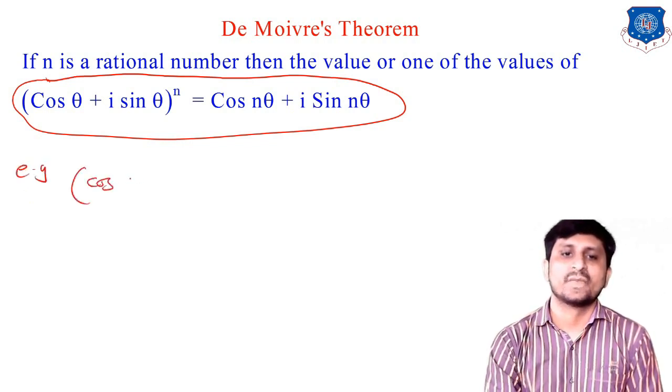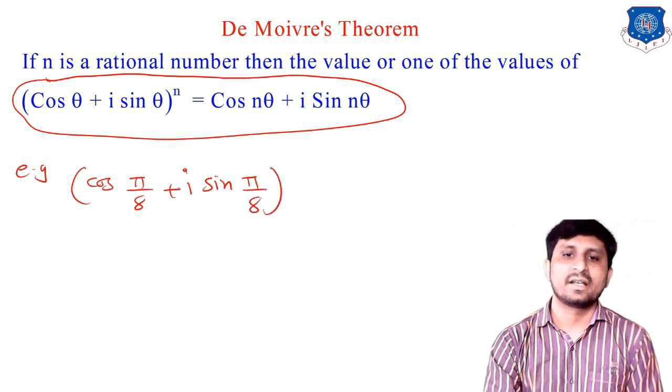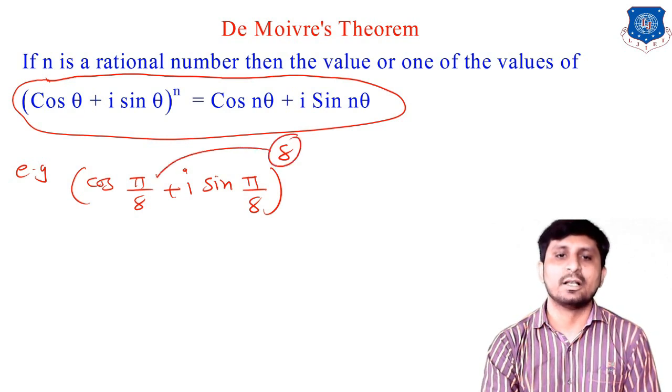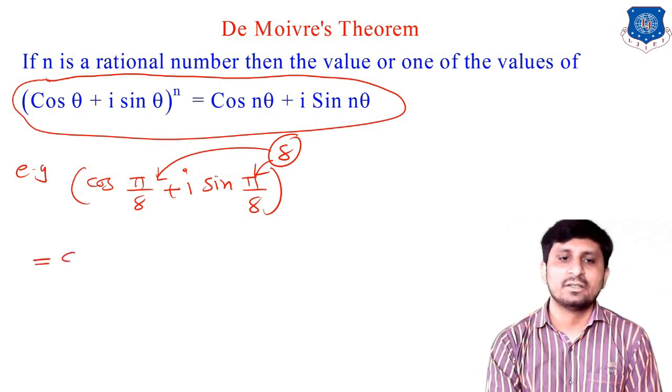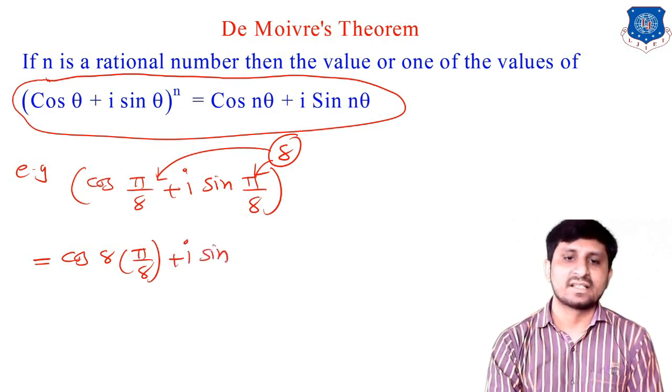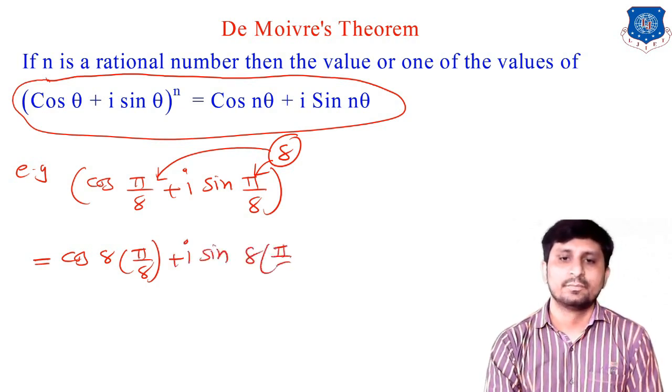Suppose you have cos pi by 8 plus i sin pi by 8 raised to 8. So 8 is clearly a rational number, so you can multiply this 8 with our angle pi by 8. So this is cos 8 into pi by 8 plus i sin 8 into pi by 8.